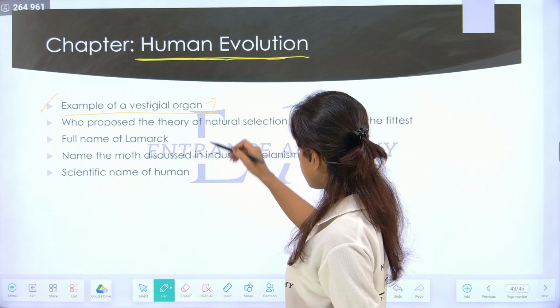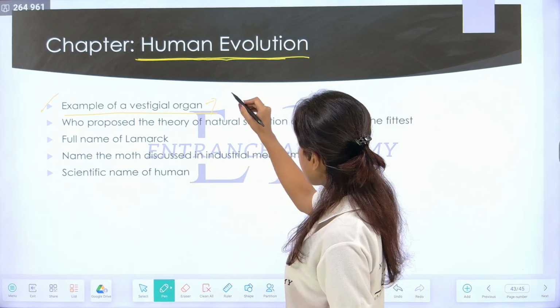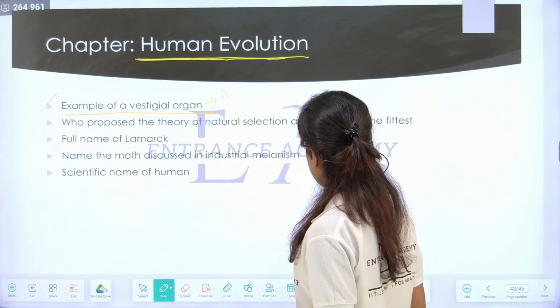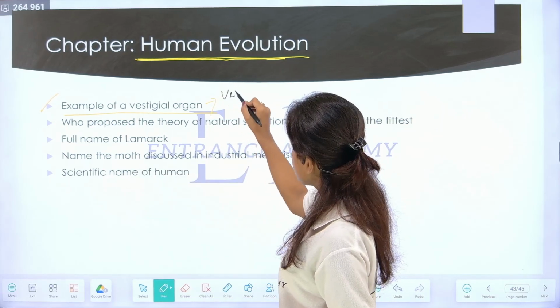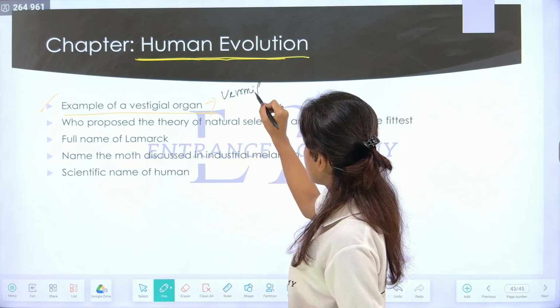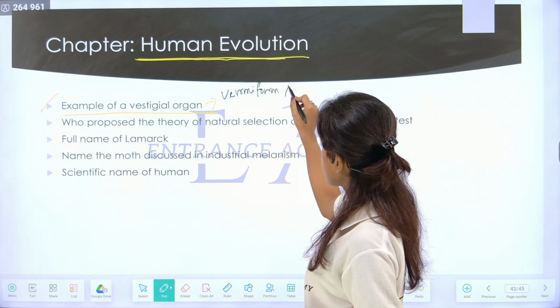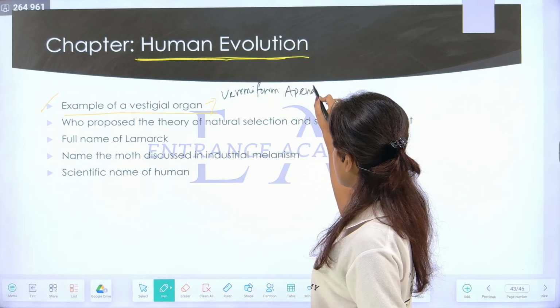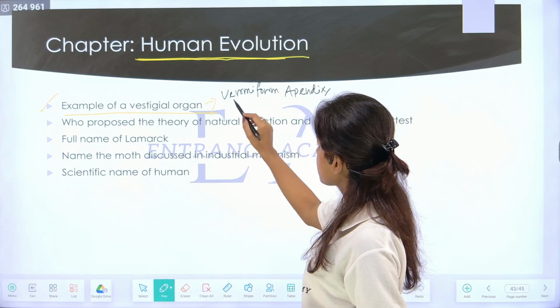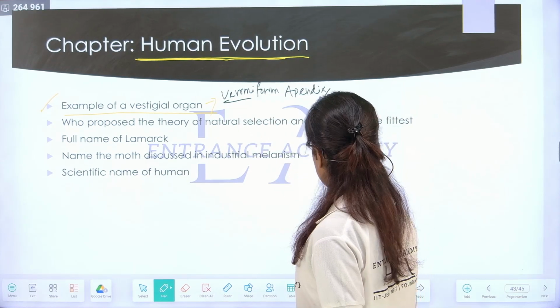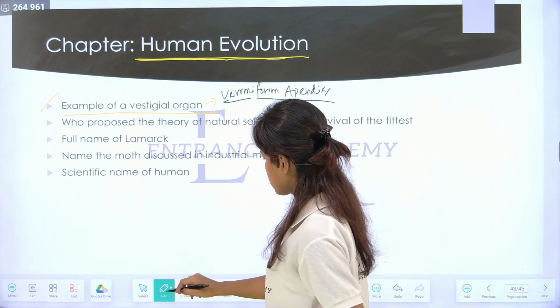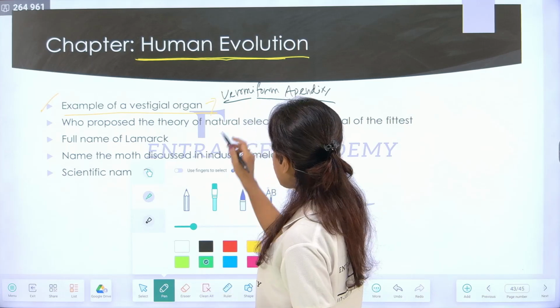Examples are appendix, vermiform appendix, and pinna.